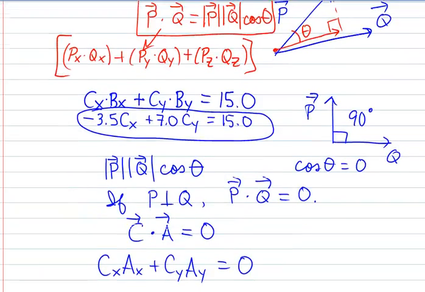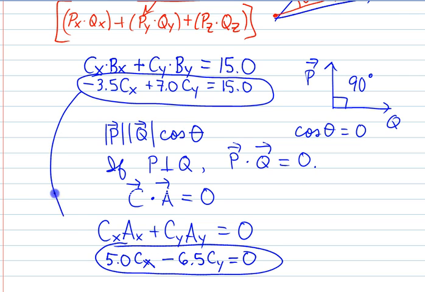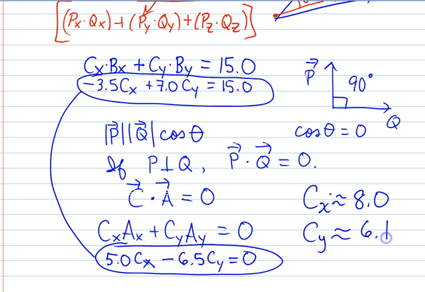That allows us to write a second equation: 5 Cx minus 6.5 Cy equals 0. Now we have two equations and two unknowns, and at this point I would just do a little bit of algebra, and I will find Cx is about equal to 8.0 and Cy is about equal to 6.1.